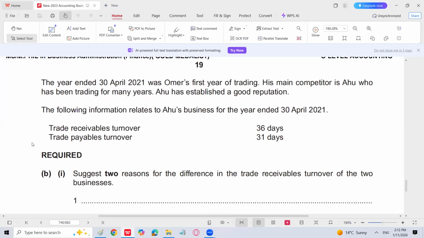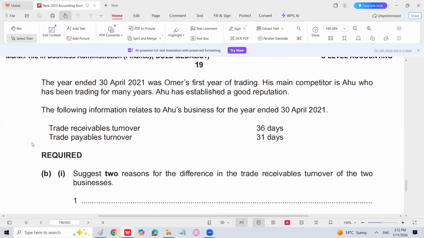So Ahu is also making the payment to his trade payables earlier than he is collecting the amount from trade receivables. If you think about it, his liquidity position is not that good either, but he is taking more time from trade payables, and he is giving more time to trade receivables also.